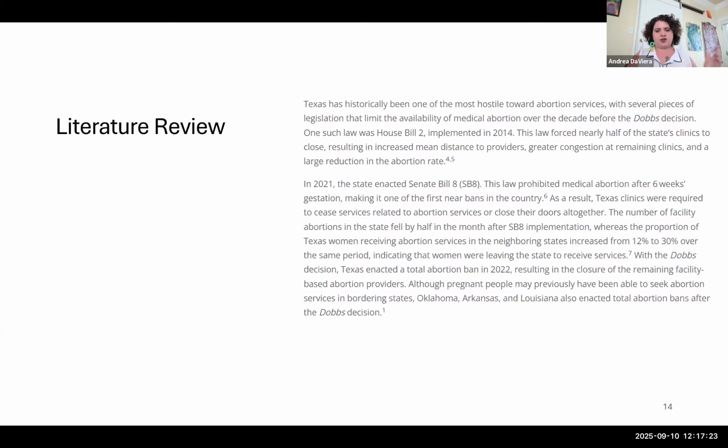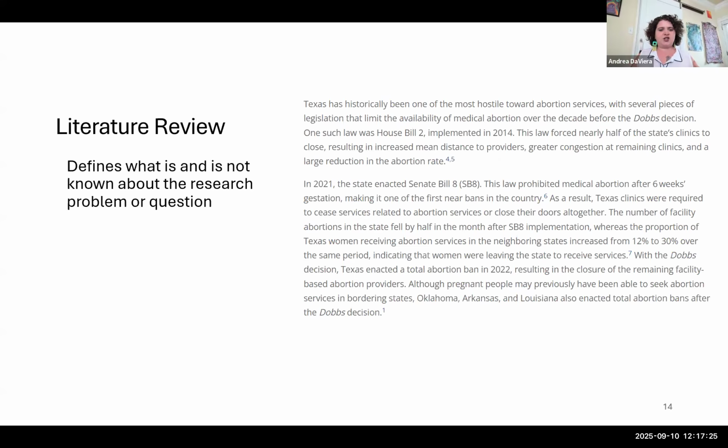The literature review is a continuation that essentially tells you what is known and what is not known about the research problem or question. It also importantly provides context on the issue, such as where they're talking about in this section the lack of access to abortion facilities after this decision, in that it's leaving women without health care essentially.